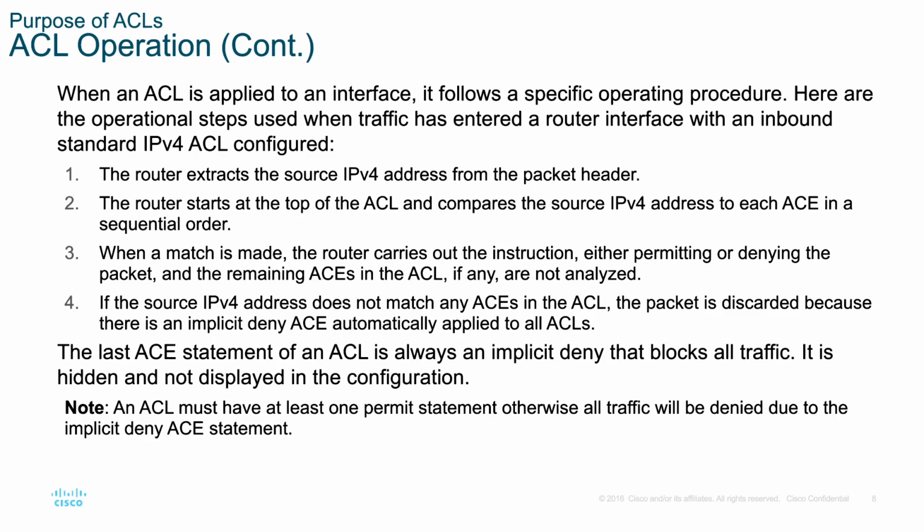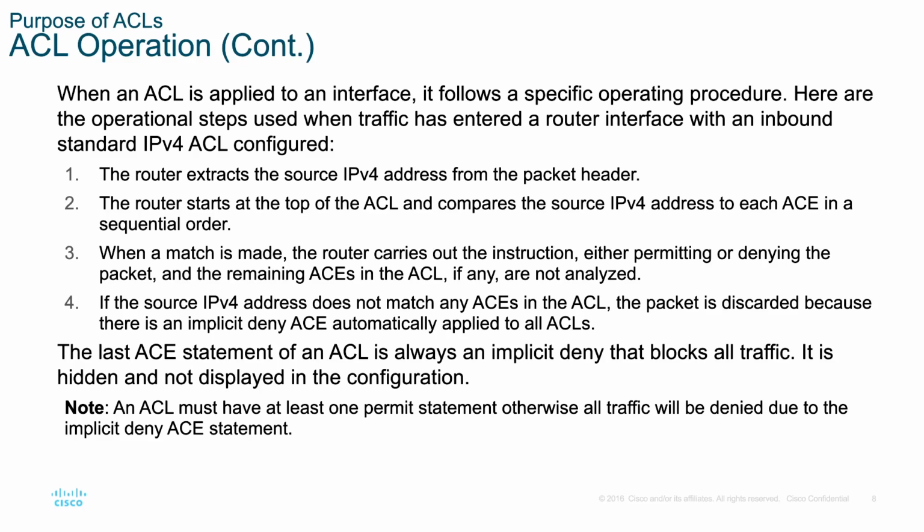Once that match is made, it carries out the instruction that was attached to that line. Now that can be a permit or a deny statement, and the remaining conditions aren't checked. So once a match has occurred, that action is taken. No other statement is compared.